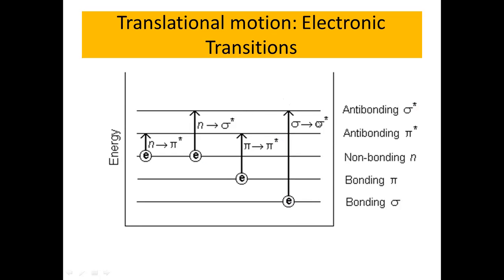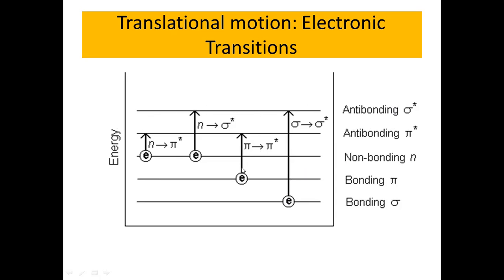And you may consider this is a box having a fixed length, and there is the translational movement of the electron within the box. All these transitions are the outcome of the translation motion of the electrons. Later on we will calculate how much the energy difference is between these two energy levels, and what the wavelength would be.